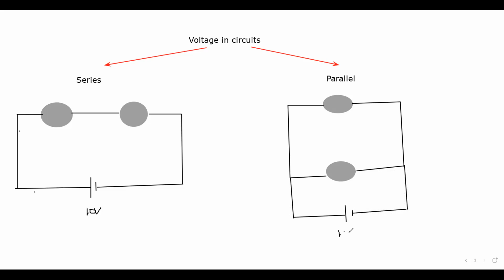So EMF is 10. EMF means when one charge comes out, it will carry 10 joules of energy. Example, this charge, when it enters, it will have 10 joules, before entering.